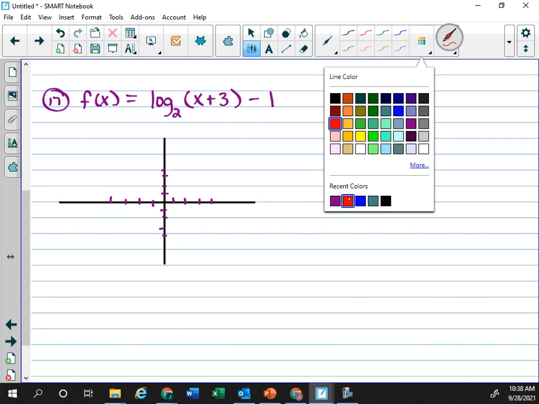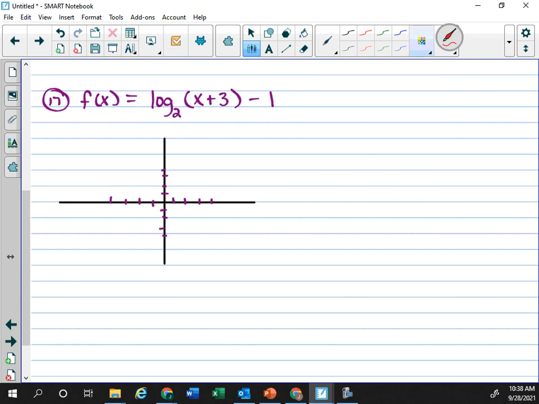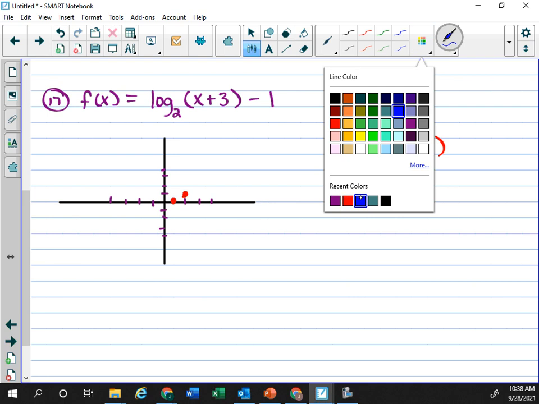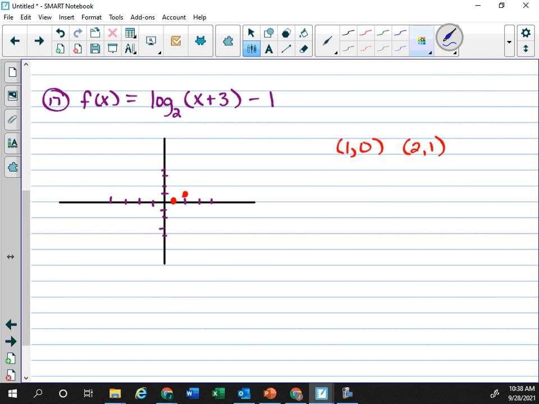All right, guys, do you want to try it on your own? No, I'm seeing some head shaking. Okay, so your 2 points, remember, are 1, 0, and base comma 1. So what's the base in this one? 2. Okay, so I'm going to start with 1, 0, and 2, 1. All right, and then I've got some shifting that's happening here.